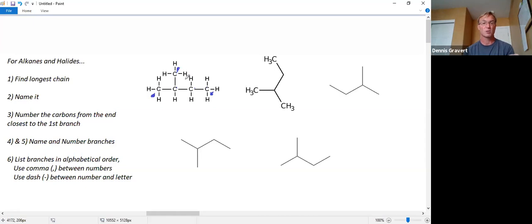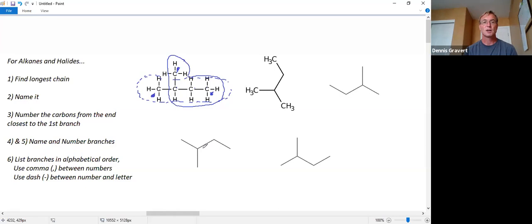So the tiebreaker was to pick the chain with the greatest number of branches. We can either pick this chain, group of 4, or we could have picked this one. They both have 4, and they both have 1 branch. It turns out in this case, you'll get the same name no matter how you decide the longest chain is. This works out that way.